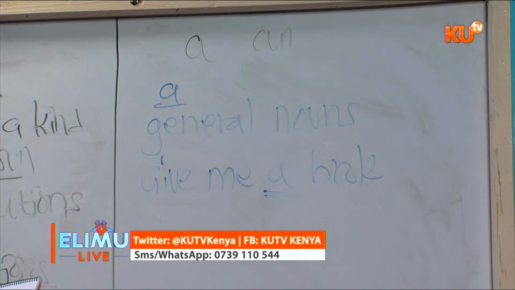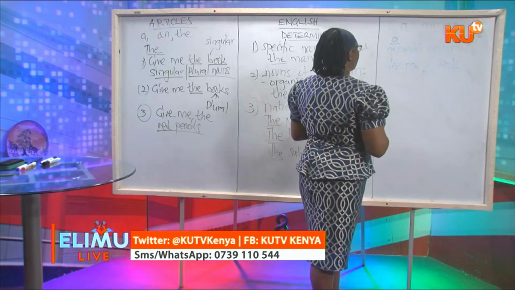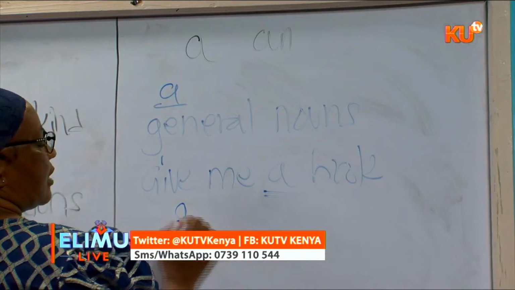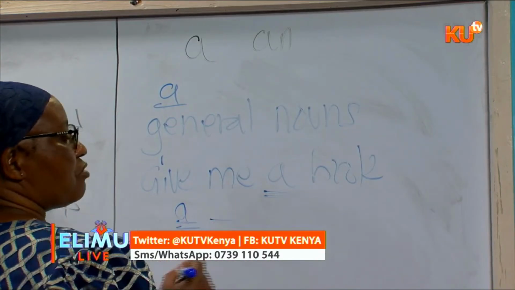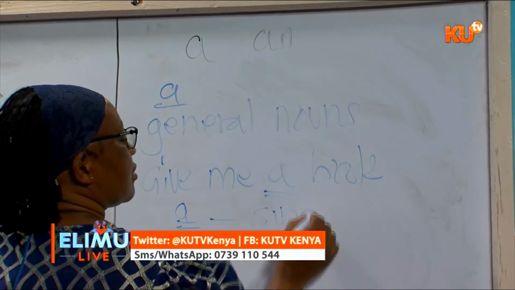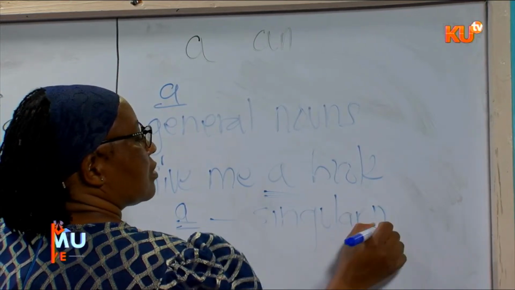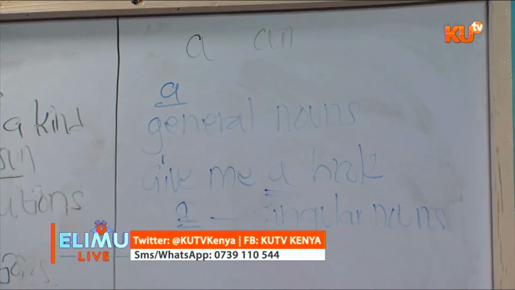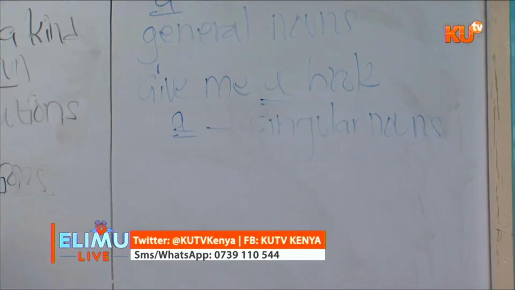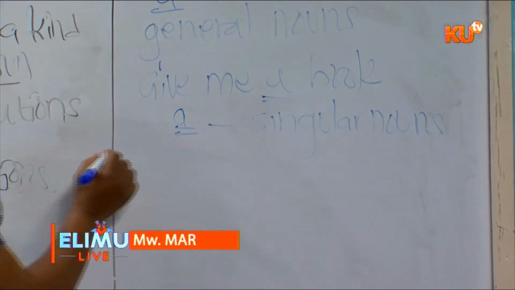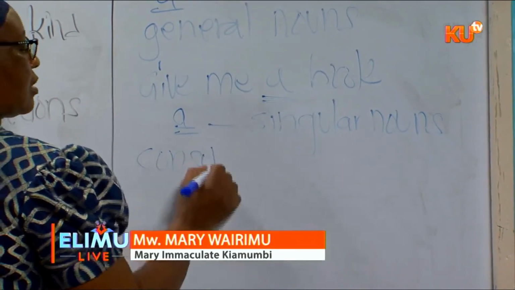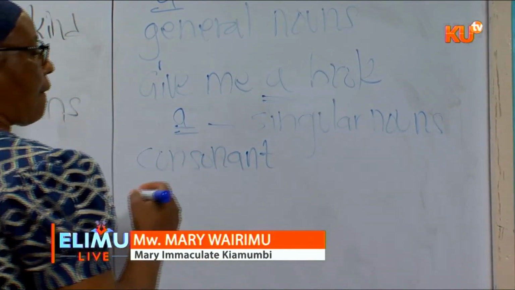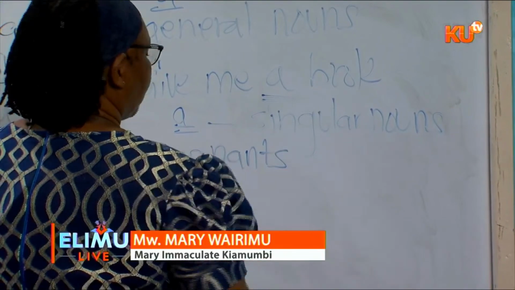As we said that the can be used with singular and plural nouns, the determiner a can only be used with singular nouns. So the article a is only used with singular nouns with words that start with consonants.